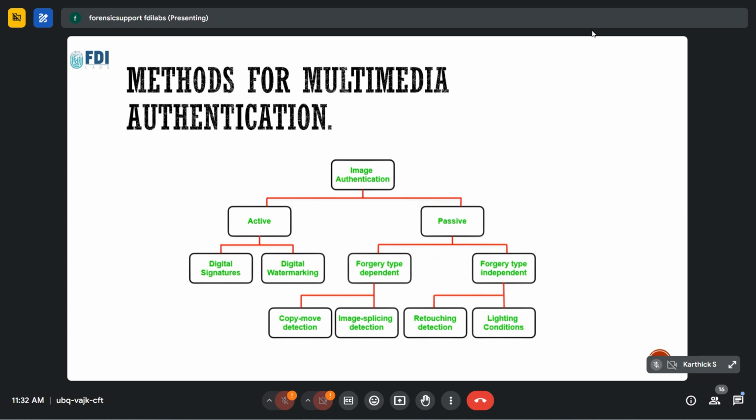So this is the classification of how image authentication takes place, what types of forgeries take place, and how we deal with them using these methods. I just explained the active and passive methods.